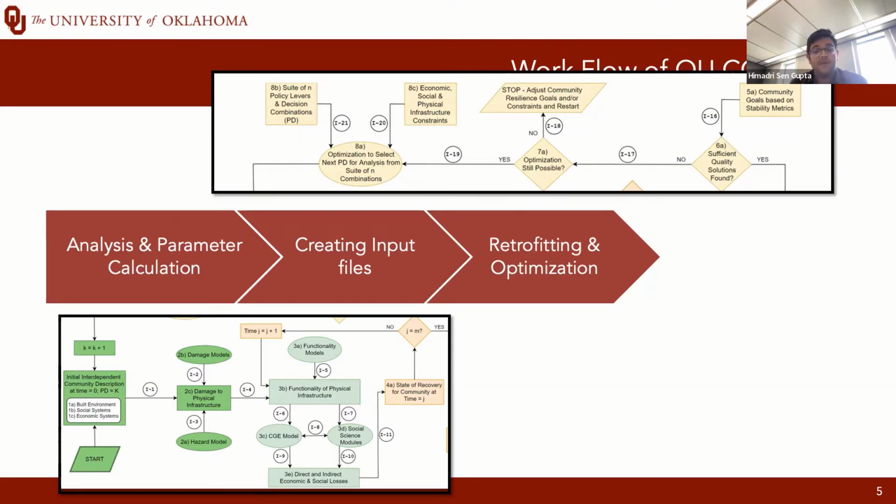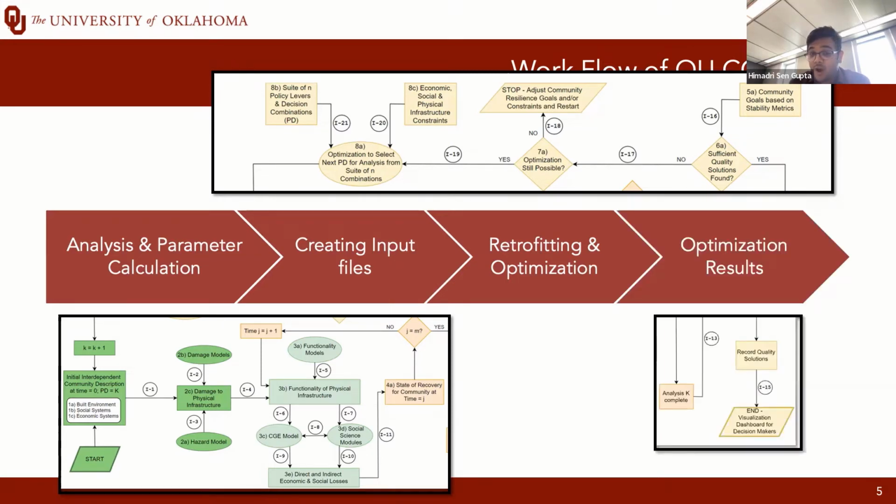After running the optimization model, we will find our decision regarding the building retrofit. This stage is already integrated in InCore, and we are still working on developing or improving it more with Santiago. After running all this, we will get our optimization result from InCore.